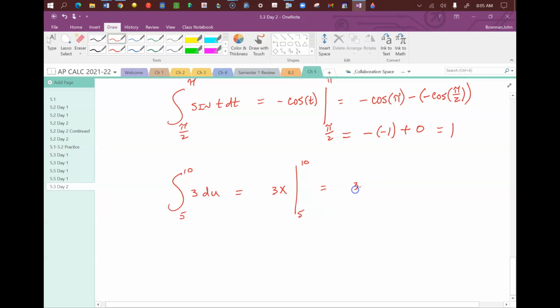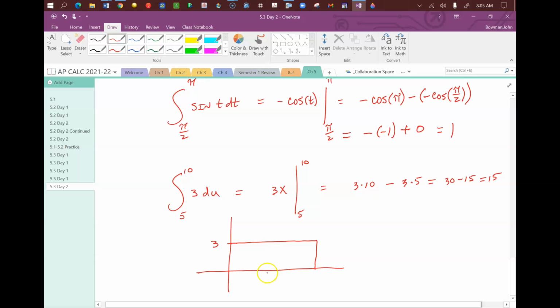So we would have 3 times 10 minus 3 times 5, which would be equal to 30 minus 15, which is equal to 15.